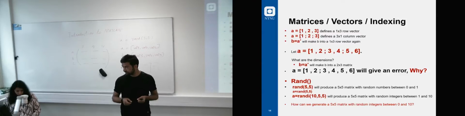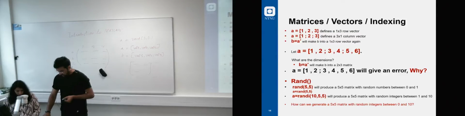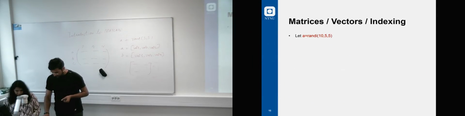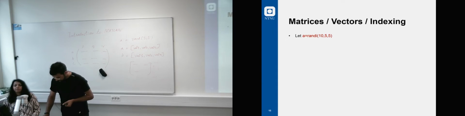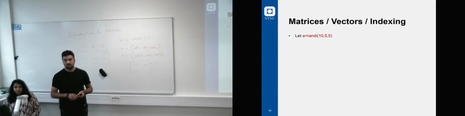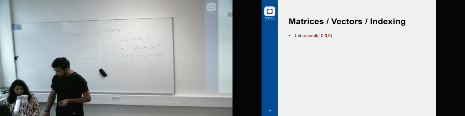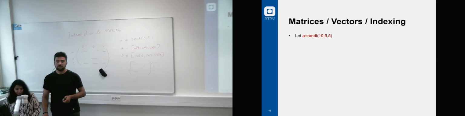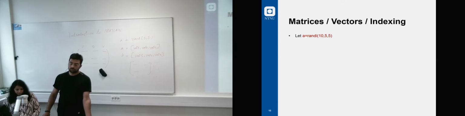Yeah? What else do we have? Okay. Accessing the elements. Again, we will create a random matrix from 1 to 10.